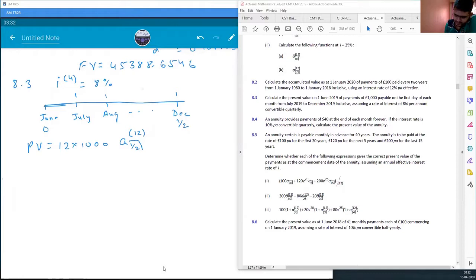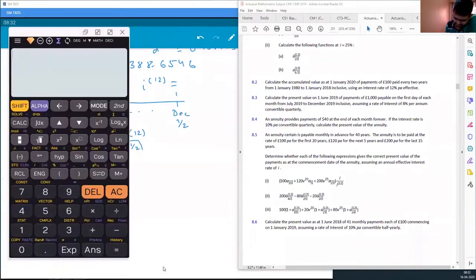So we'll calculate our i12. उसके लिए पहले i निकालना पड़ेगा and then उसके बाद i12. This is our i.